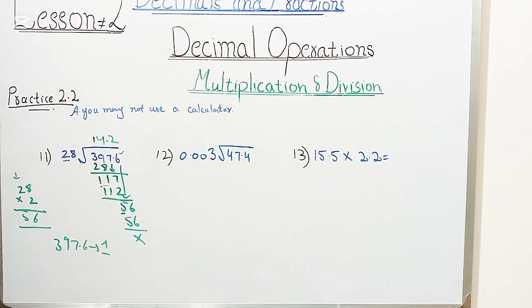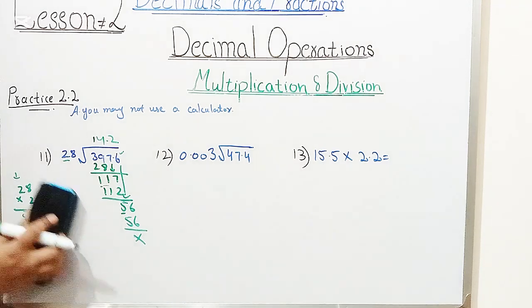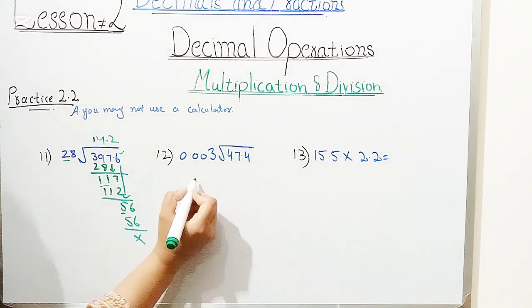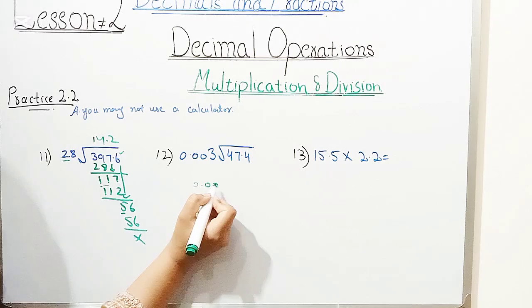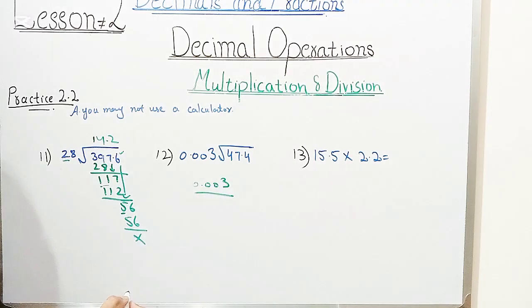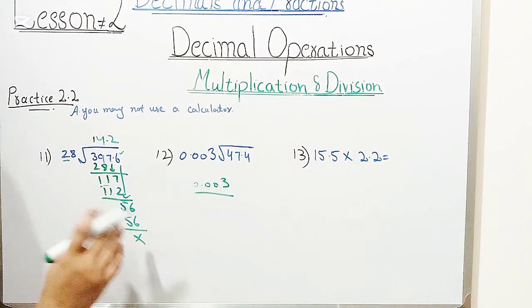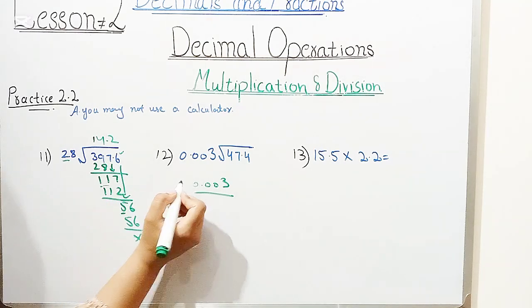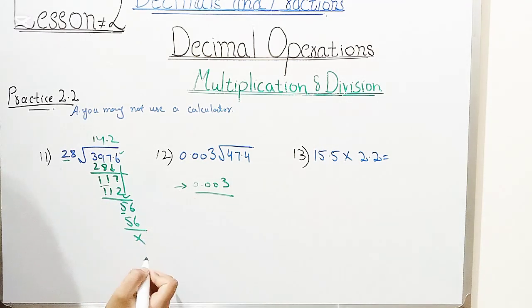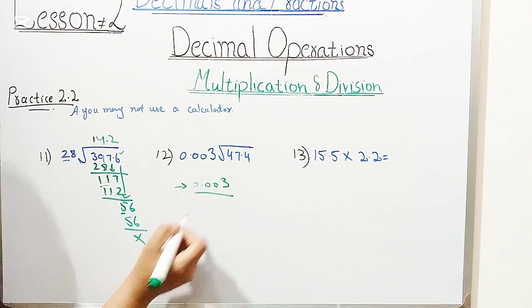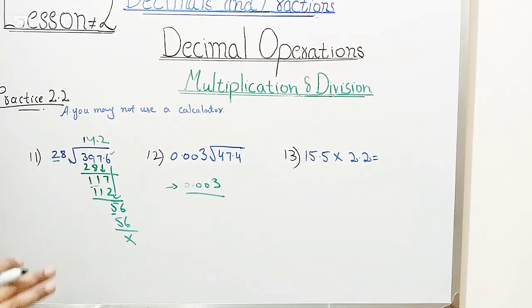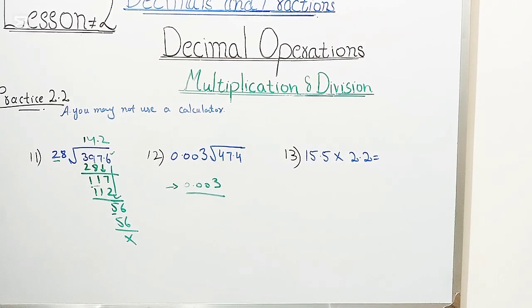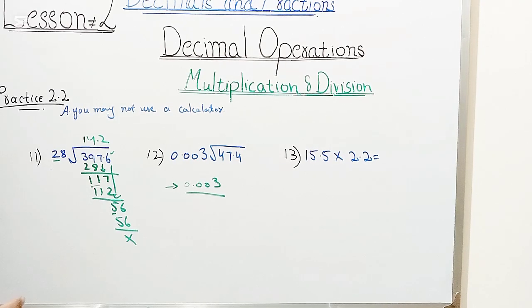Now next, 0.003, and the decimal places before the 3. There will be no decimal place in the divisor. I want to delete this decimal.